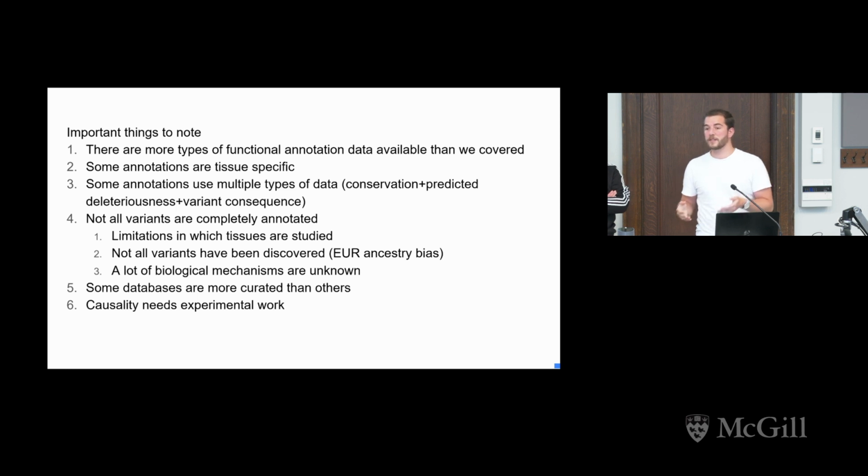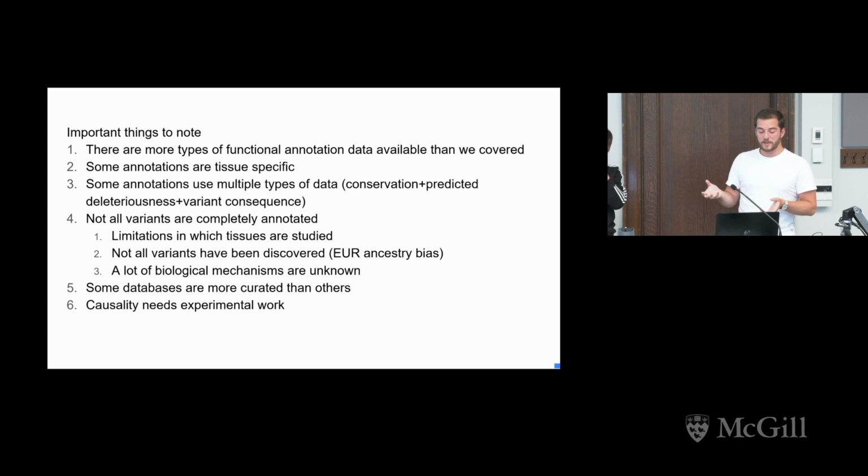Some annotations are tissue specific, which is relevant if you know that you're looking at a phenotype for liver, then including kidney eQTLs might not be something you want to do. Yeah, so some annotations are the combination of multiple other annotations, and not all variants are completely annotated, and this is especially true for non-European ancestries, unfortunately.